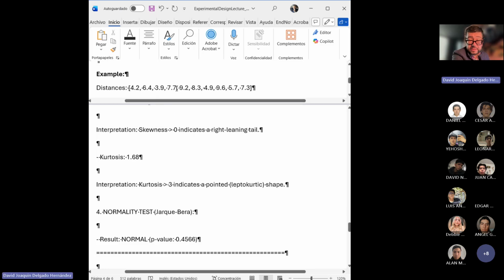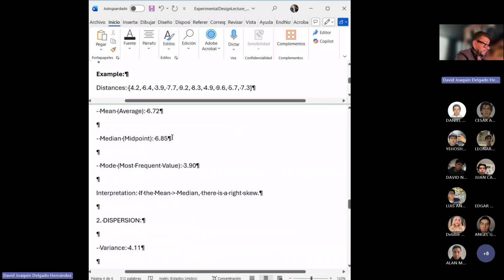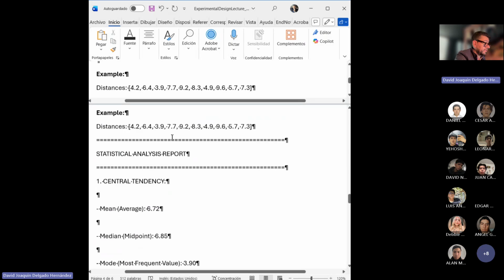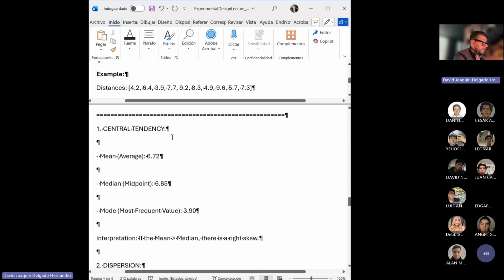These are the distances. I just proposed this. I just invented these values. But here is the statistical analysis, okay? In terms of the central tendency, the mean or the average is equivalent to 6.62.